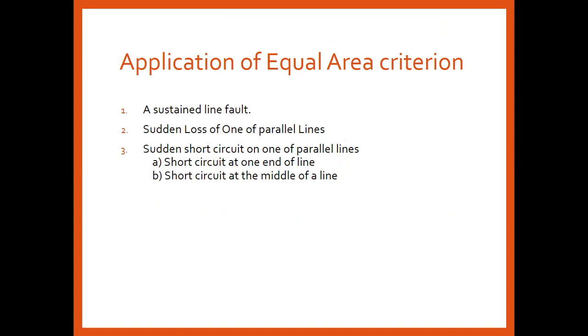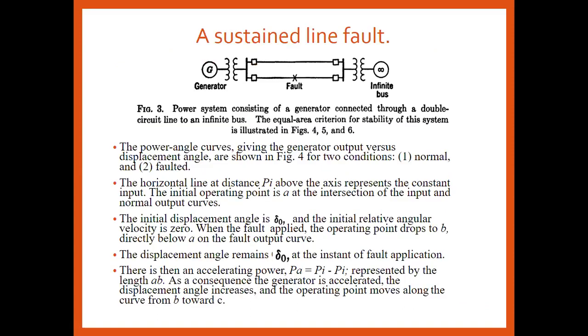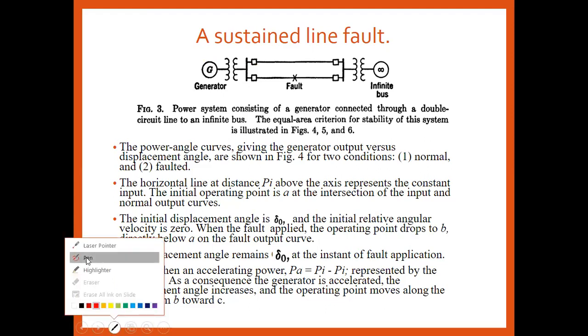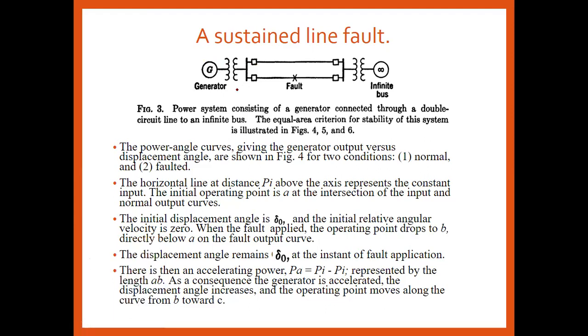So let us discuss the first application, the sustained line fault. Whenever a sustained line fault is there, first we have to consider a double circuit line connected to an infinite bus, as shown in the figure. Here the generator is connected to the transformer, then there are two parallel lines, and the fault occurs at the middle of the line, with a single infinite bus.